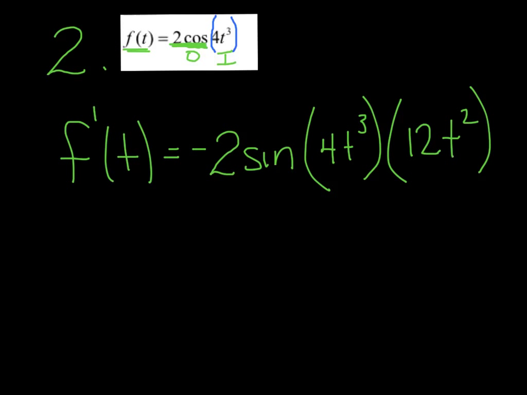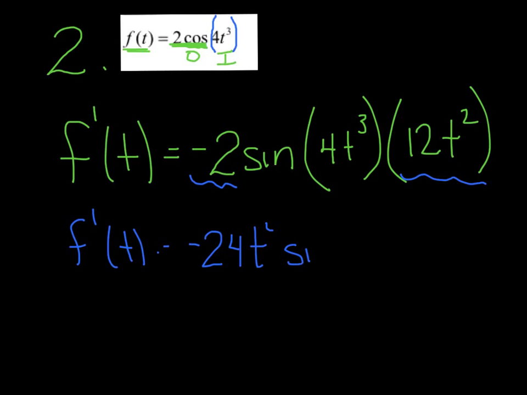So at this point again, I just want to clean it up and ask myself, what can get multiplied together? Well, this coefficient can get multiplied by this term. So I'm going to say f prime of t equals negative 24t squared. And then I have the sine of 4t cubed.